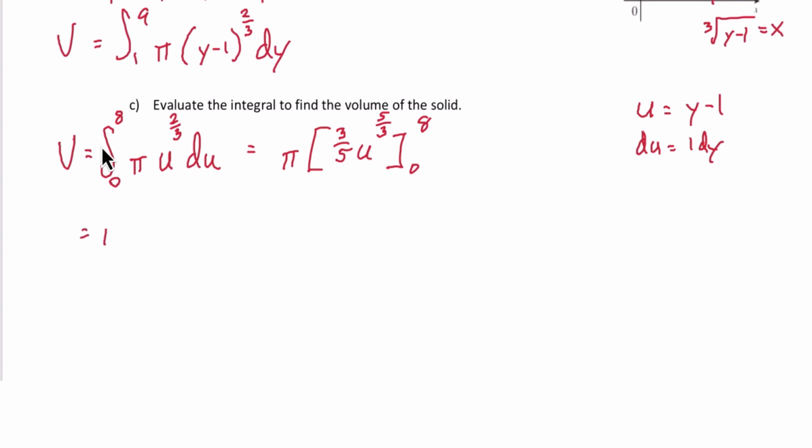Now we plug in our upper limit, 3/5 times 8 raised to the 5/3, minus, plug in the lower limit, 3/5 times 0 to the 5/3.